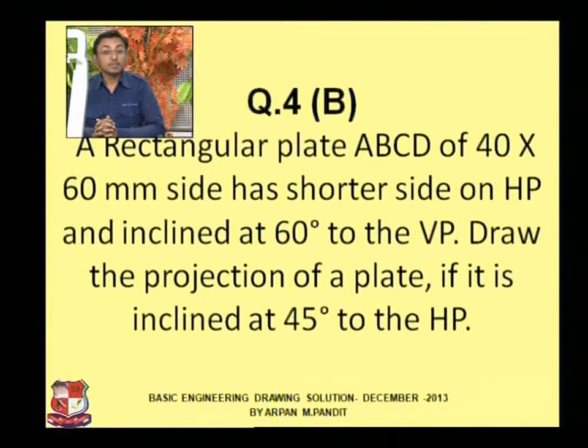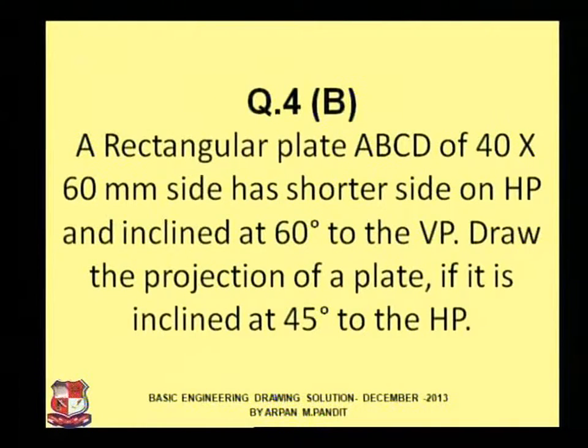Now the projections of a plane problem is a very conventional thing, always concluded in three parts. Step 1, initial position. Step 2, implementation of the HP angle to the rectangular plate. Step 3, combination of HP and VP angles. Now let's start drawing projections of a plane.